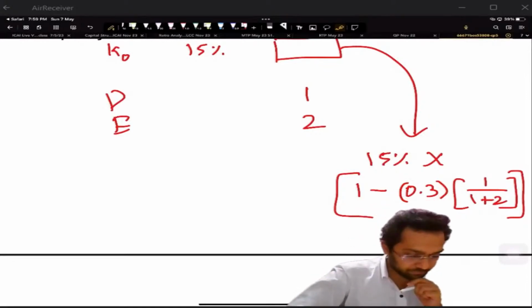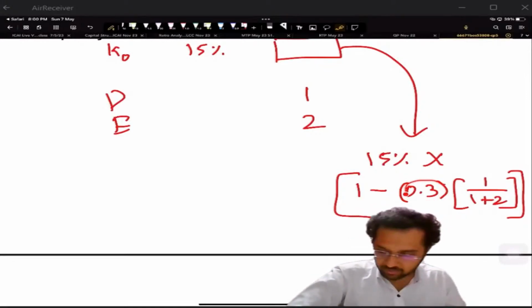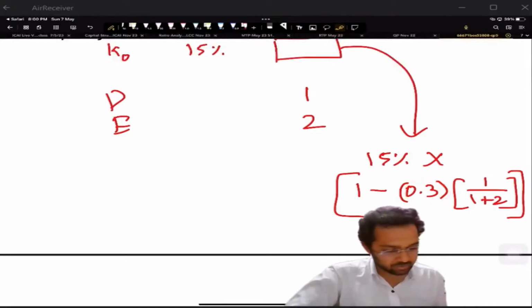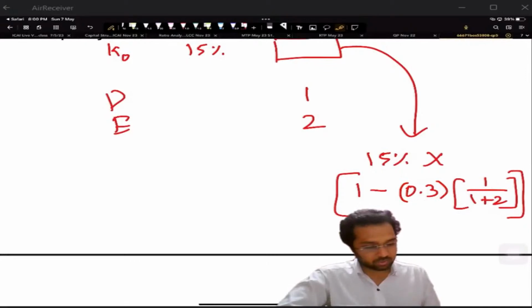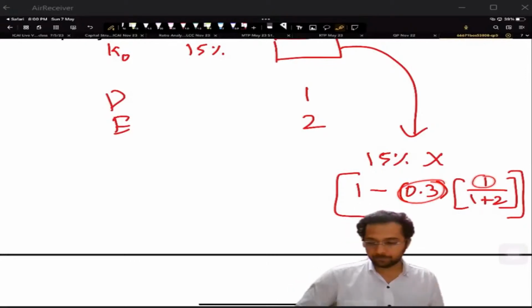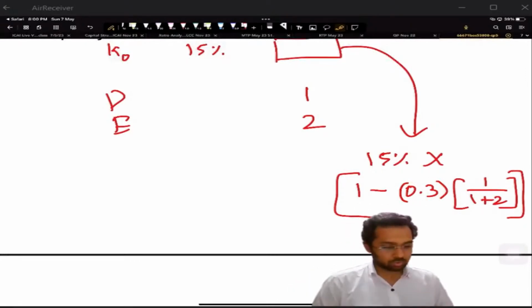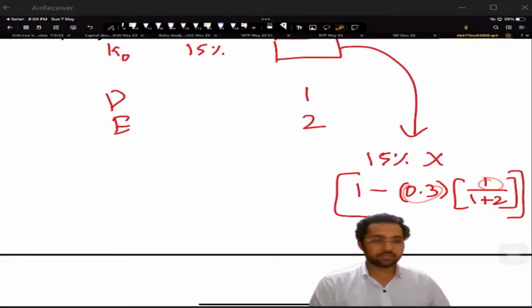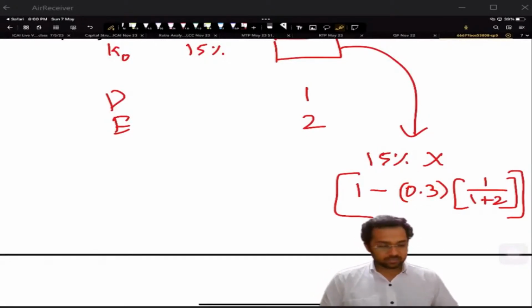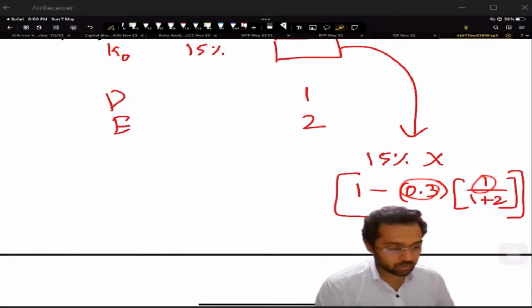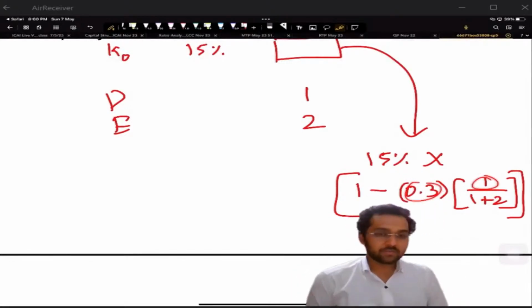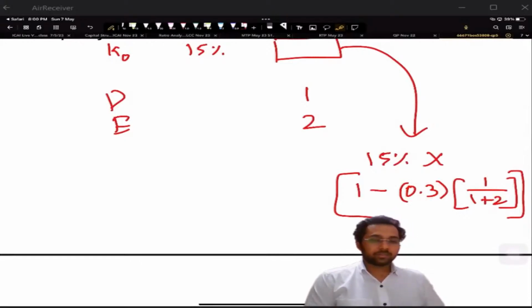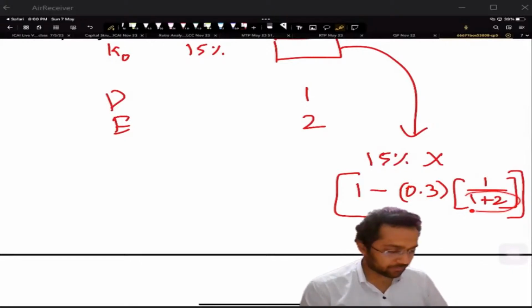So 30% is going to be the tax benefit on this 1 rupee of debt. But this saving of 30% will be shared by the entire funds.